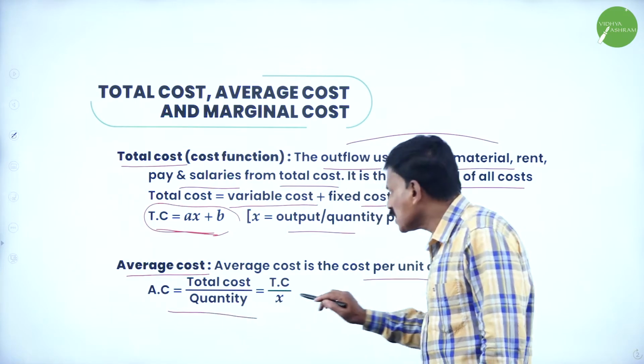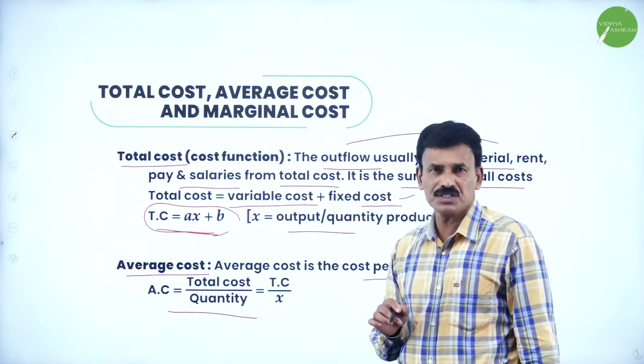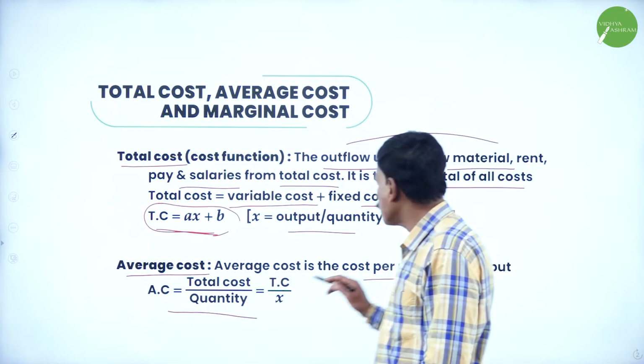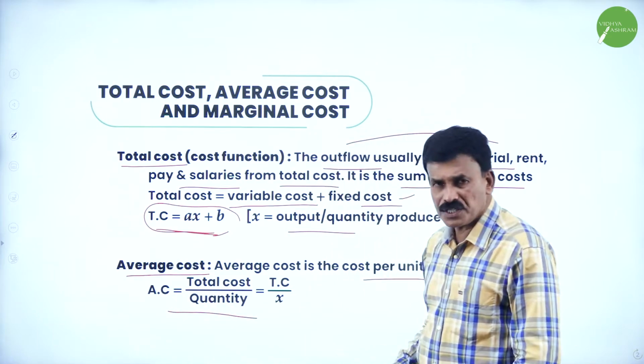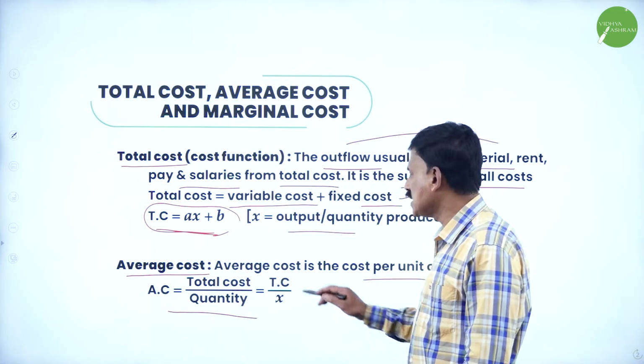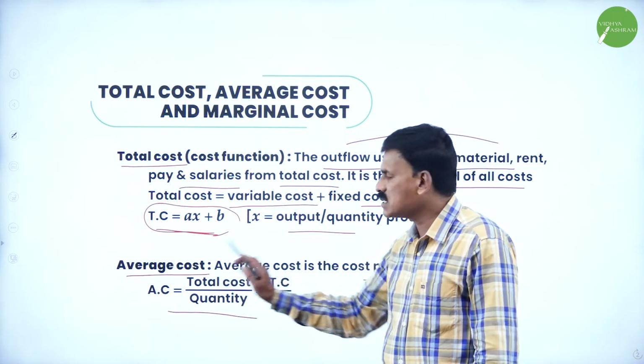The total cost divided by the quantity will give the average cost. Also, average cost is the total cost per unit output, or average cost is equal to total cost divided by the quantity, that is TC divided by x. TC is the total cost and AC is the average cost.